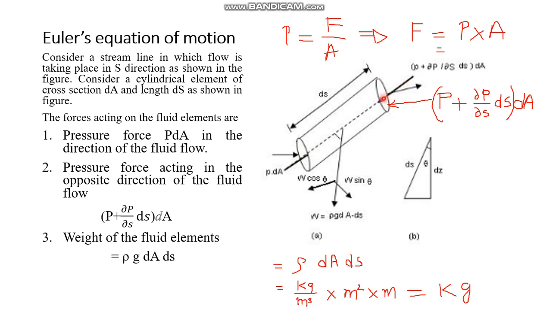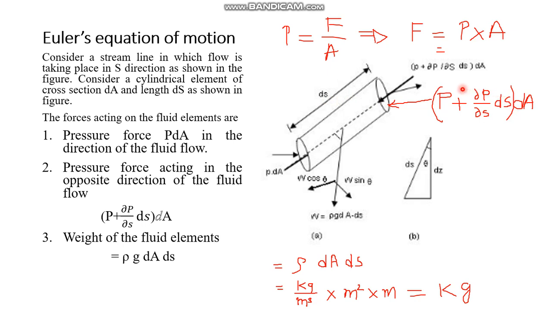Next, we are going to analyze the force which is acting on the other face. Before that, what is the pressure here? The pressure is given by the pressure at this place plus the rate of increase of pressure per unit length into the distance traveled, ds.